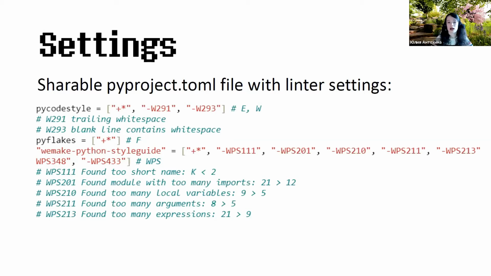For example, we are using config in the pyproject.toml file, and you may write rules which you would like to add, which are written with plus, and you may discard some rules, writing them with minus. And then you just comment which rules are turned off in the same file. It becomes easy to read, and you can share it with your colleagues, and you will all have the same setup for the linter.